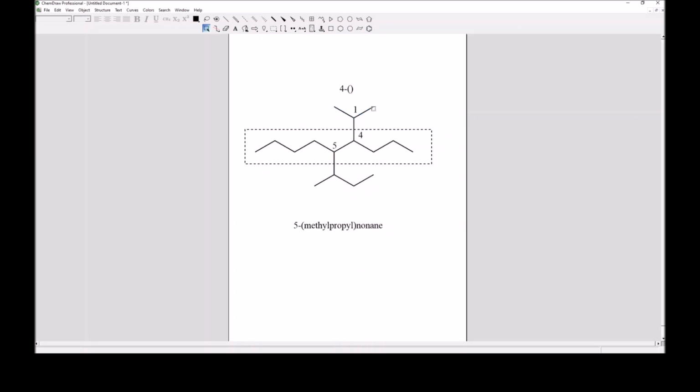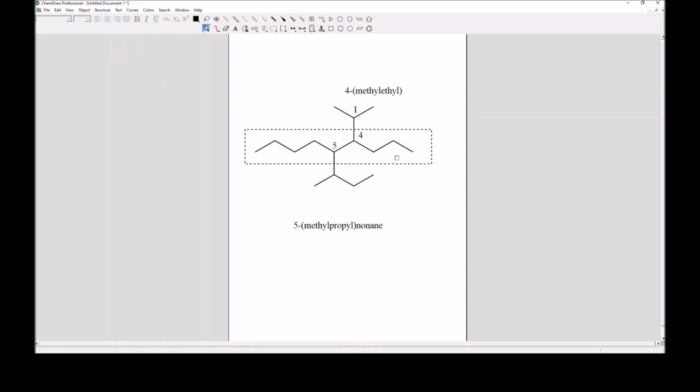You can go 1, 2, either direction. Either way, this is an ethyl group that's coming directly off my parent chain. And then coming off of the ethyl group is a methyl group. So this is called a methyl-ethyl. And it's coming off of the 1 position of the ethyl group, but 1s are always optional. So if you just leave that 1 out, then it communicates exactly the same thing to your audience.